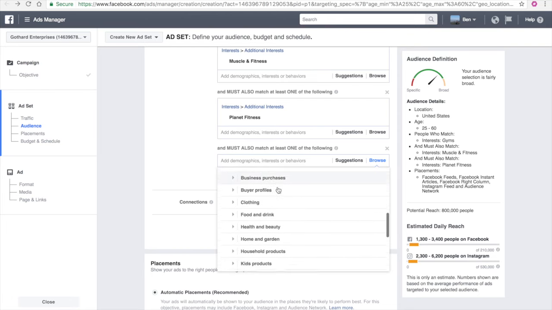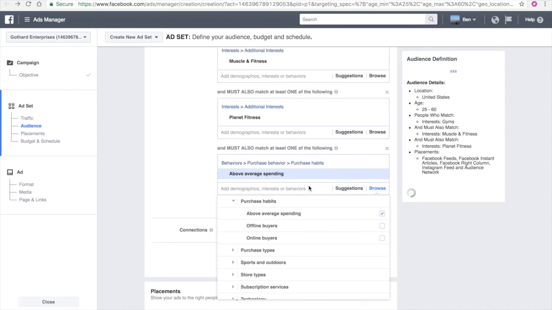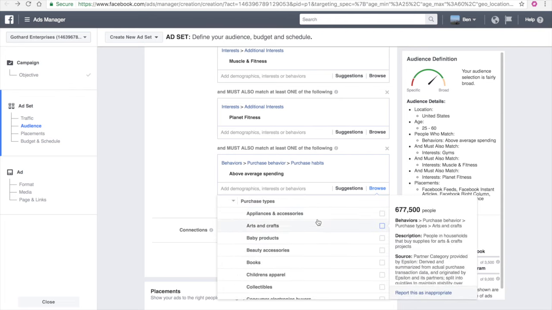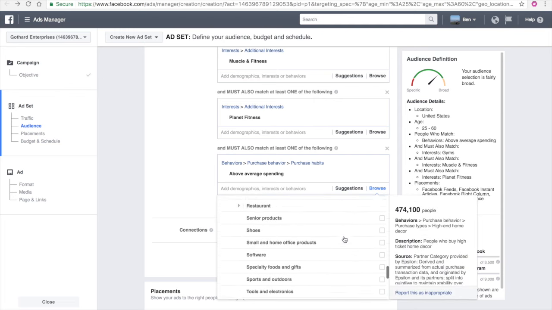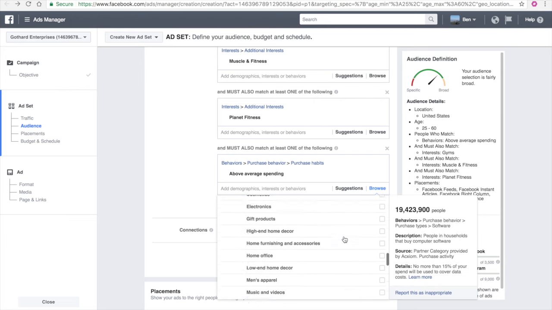We want to find people who are more likely to be above average spenders. We want people who are going to spend money. Let's check out our purchase types. If you see, it dropped us down to 12,000 people. That's not exactly what we want. We want a little bit more people than that.